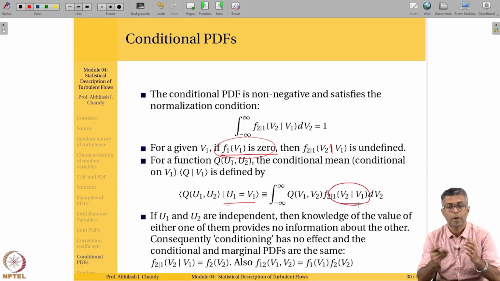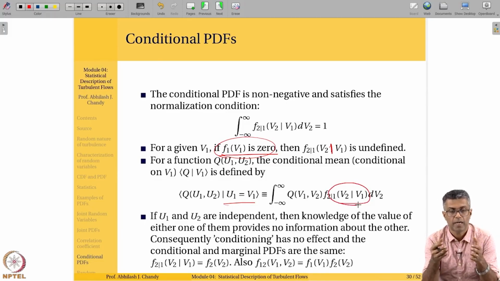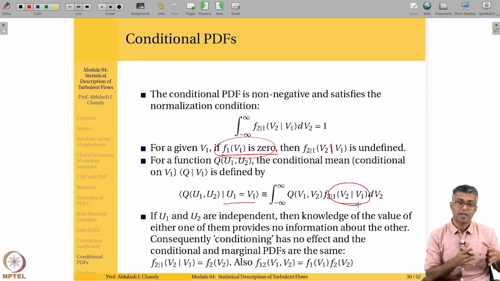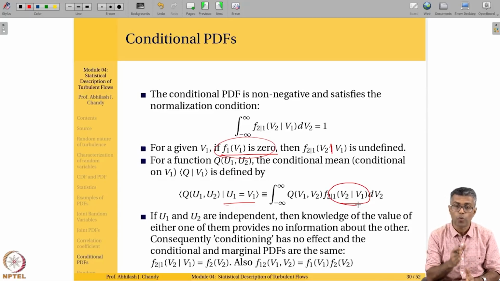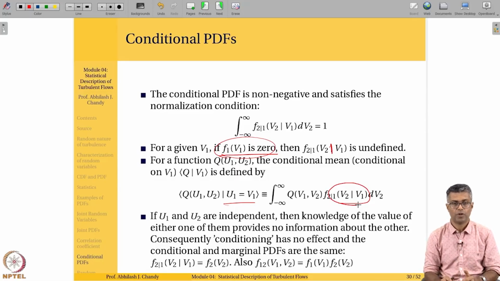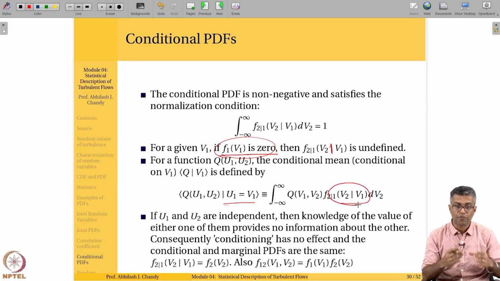Now you might ask, where do we use this, right? These are actually used especially in chemical reactions and combustion calculations, where we want to find out, say for example, the temperature at certain locations where the mixture fraction is a certain value. Let's say you have a turbulent jet flame. The flame exists where the mixture fraction has certain values.